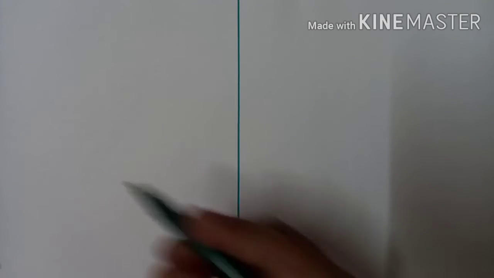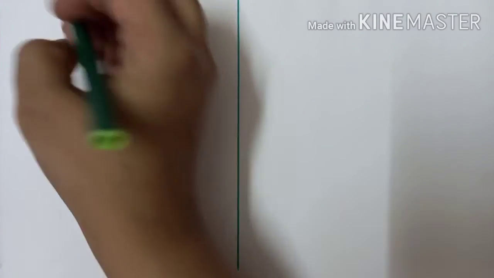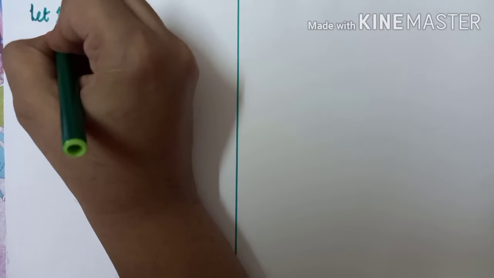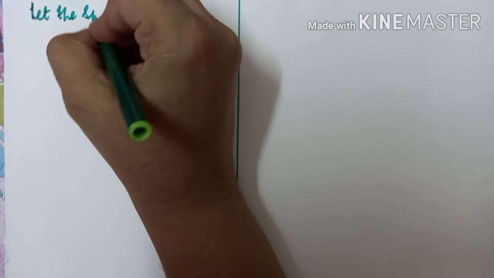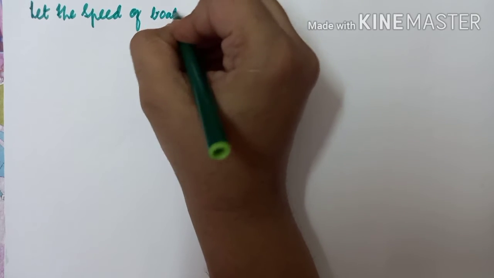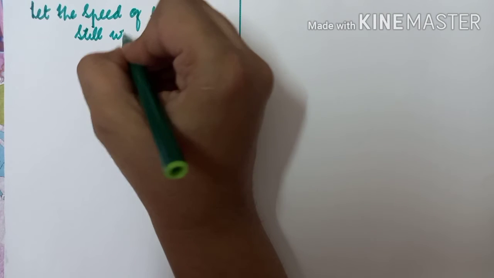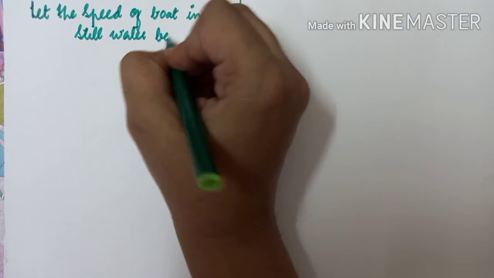So let's start. Here, let the speed of the motorboat, just boat I'm writing, in still water be x kilometers.